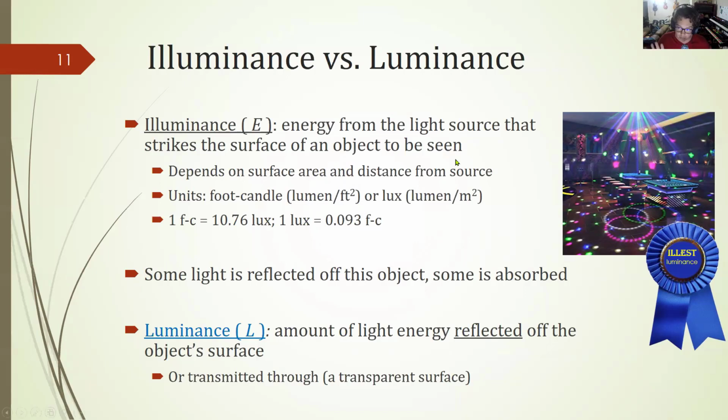So I don't want to get these two things confused because I could be talking illuminance of the retina. And that's a question of how much light energy reaches the surface of the retina. That's not the same thing as me saying how much light energy is available for me to read something.